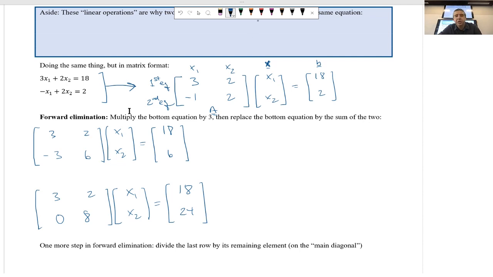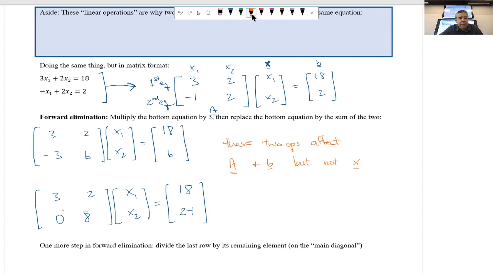So these two operations, note, affect A and b, but not x. x has one underline. They affect A and b, but not x.